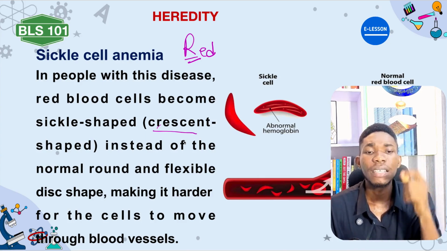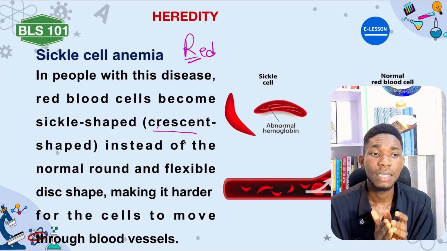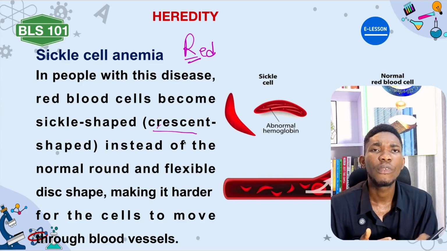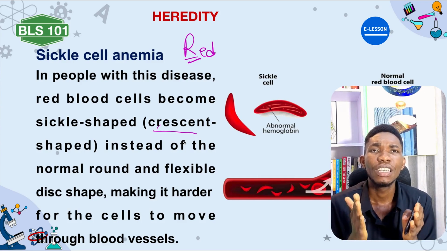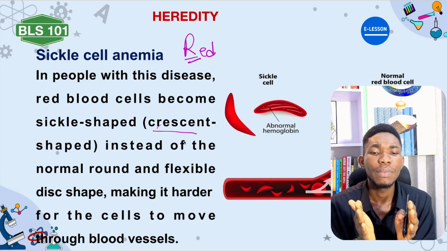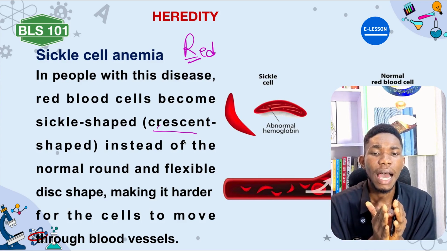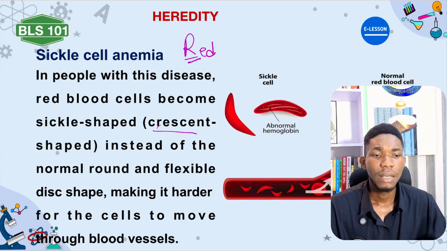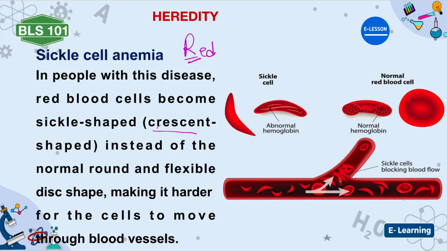Are you getting it? And these sickle-shaped red blood cells don't easily move. So at the end of the day, they pack themselves together and prevent blood flow, prevent movement. And if they don't go where they are supposed to go and supply oxygen, what do you think will happen? The person will lack oxygen in the body.